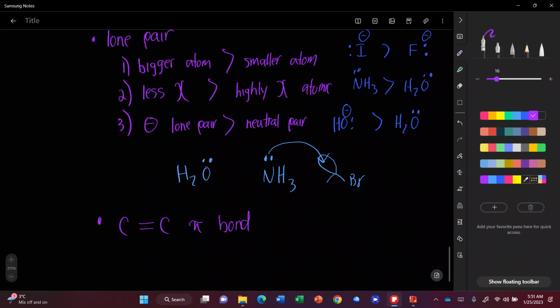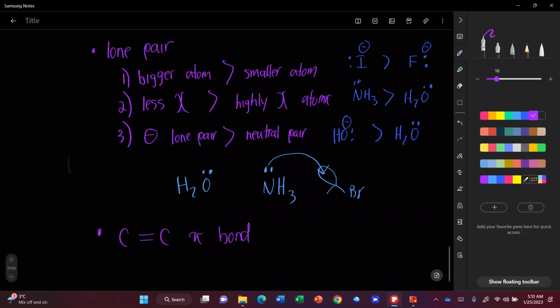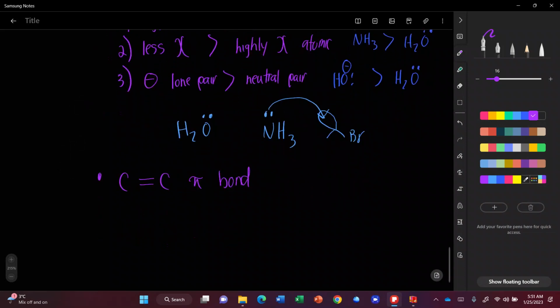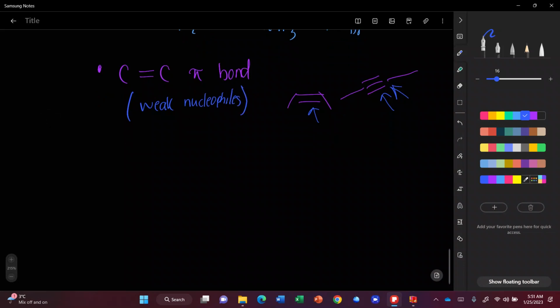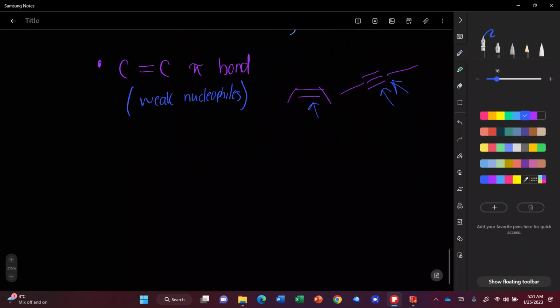I don't have a sub 1, 2, and 3 like I did for the lone pair one. Just recognize that whenever you're dealing with alkenes or alkynes, the pi bond and these two pi bonds are nucleophilic. One thing I will say is that carbon-carbon pi bonds are weak nucleophiles. Pretty much all of these are weak, but they are still there, and they will react with electrophiles if the electrophile is powerful enough.